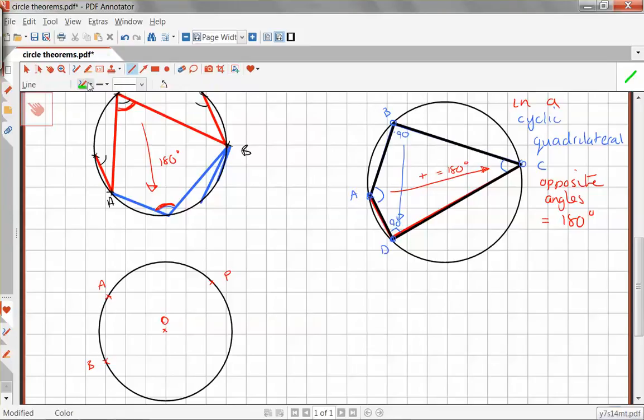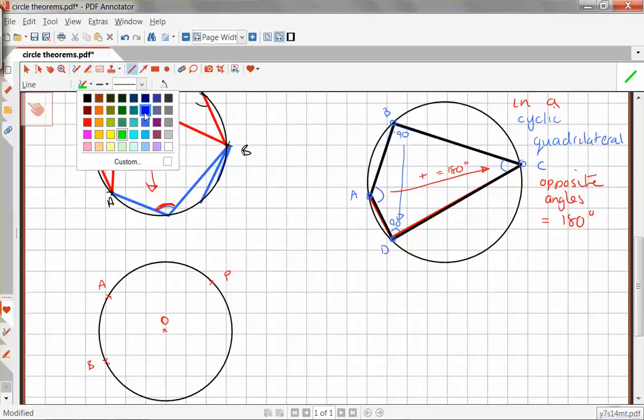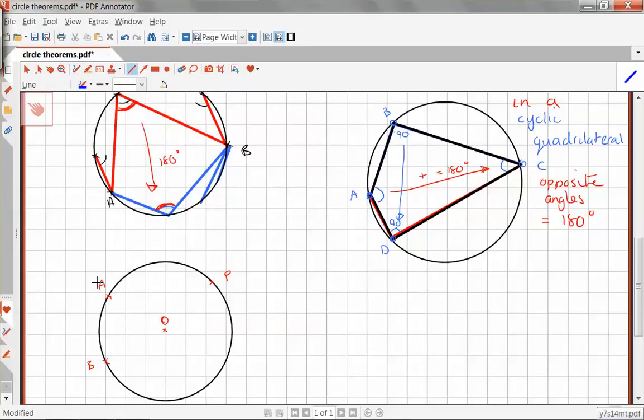So like we did before, so you can see how they all follow on. If we go from A to P to B, okay, we create an angle. So we've got that angle there.